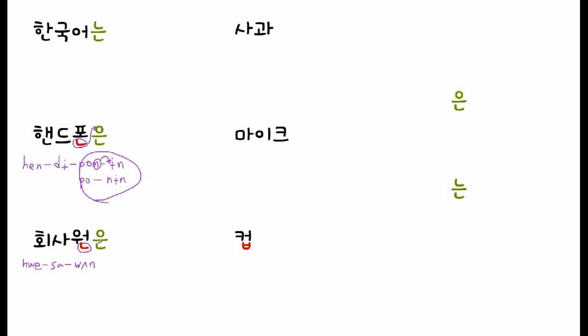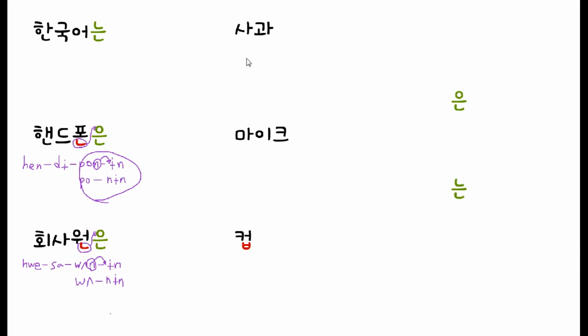Everybody knows this one, right? Yes. So the last consonant, and then the round shape, so this one has to come up here. This one moves in front. So 은, right? So 회사원은, like this.